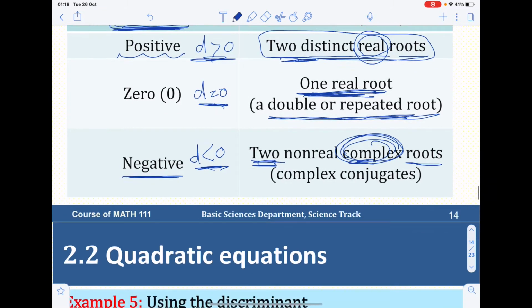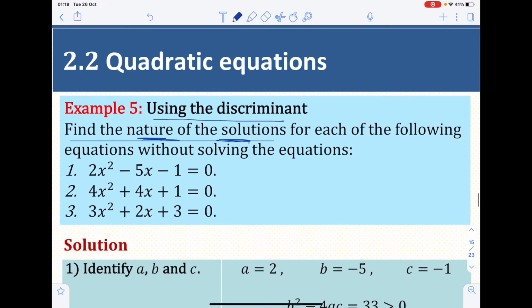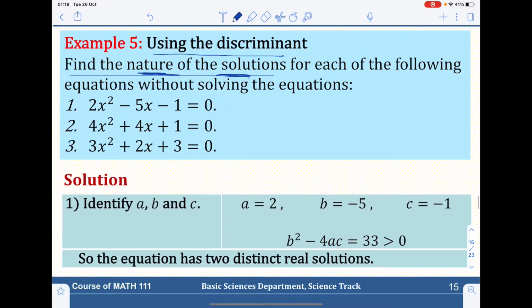Okay, so let's see, for example, the first one. First thing, you have to identify what is a, what is b, what is c. As we said before, a is the coefficient of x², so a = 2. b is the coefficient of x. Be careful to take the number with the sign before it. And c is the constant, which is -1.